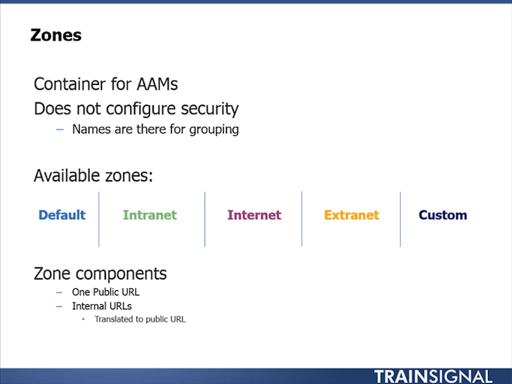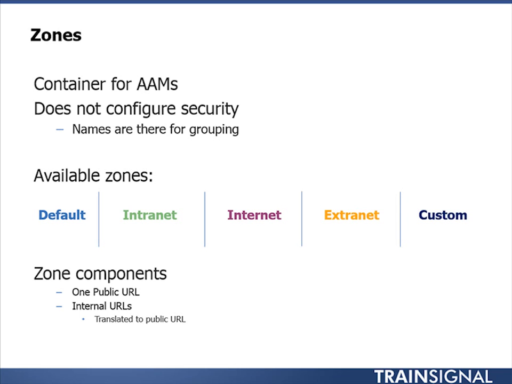Each zone is going to have one public URL. And that's going to be the main URL that I want people to use when they access that web application through that particular zone. But I can also add in one or more internal URLs.